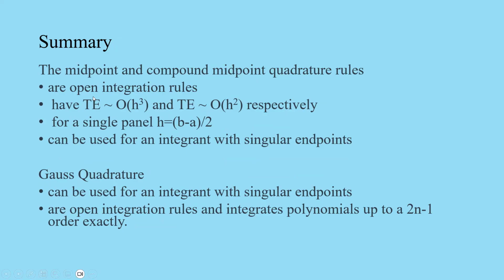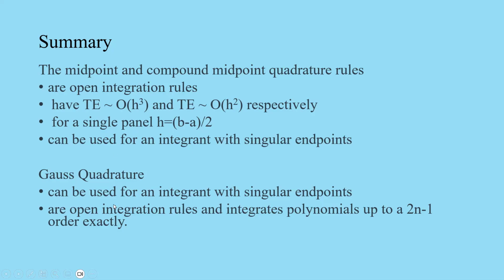The truncation error for the single panel of the midpoint is approximately h cubed, and for the compound midpoint approximately h squared. For the single panel, h is equal to b minus a over 2.